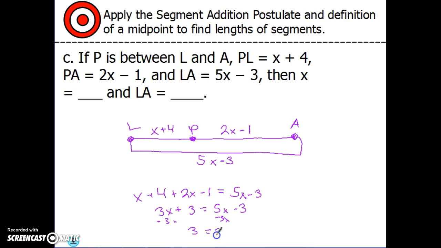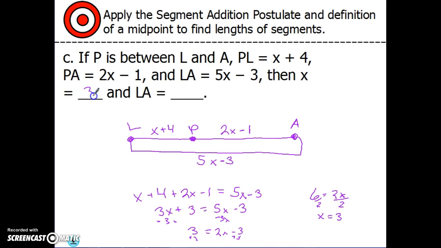So 3 equals 2x minus 3. Then we can add 3 to both sides. That gives me 6 equals 2x. Then divide both sides by 2. So I come out with x equaling 3.